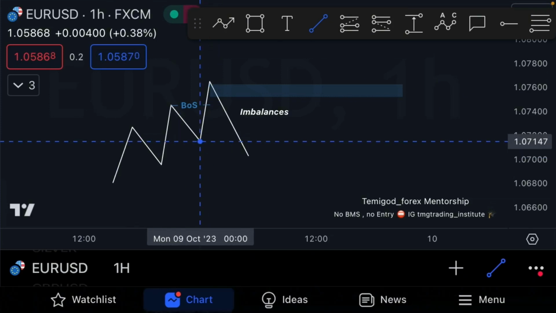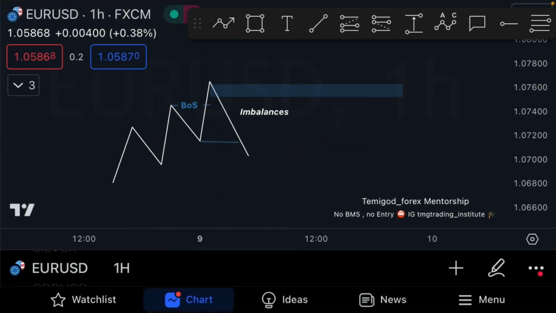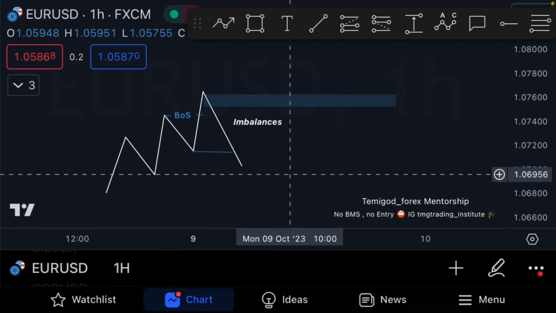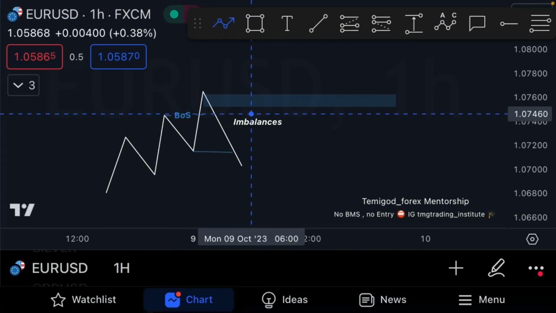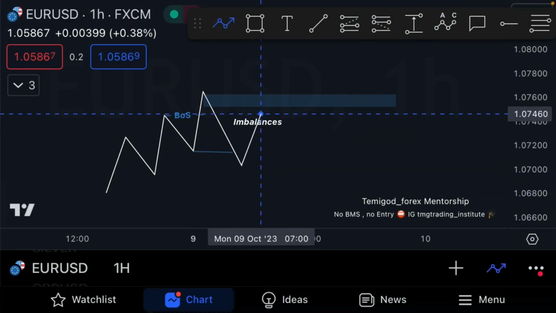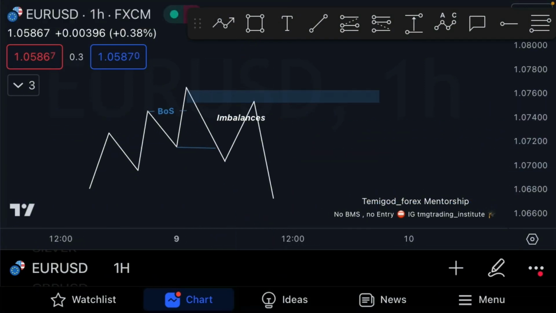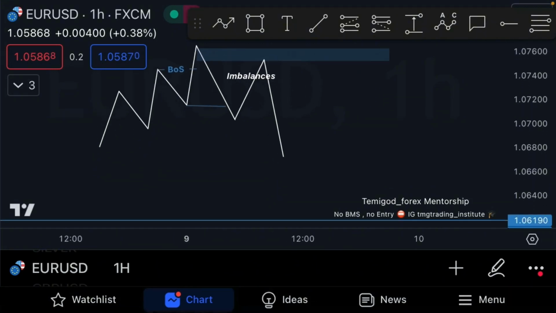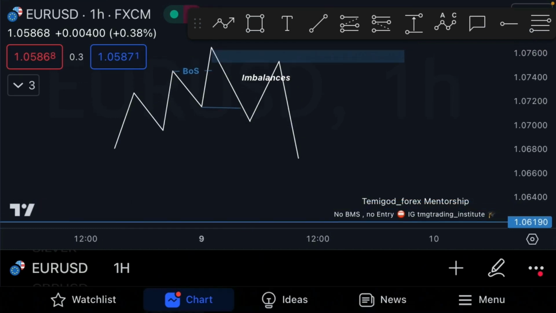So I said if we break and close below this zone, leaving an imbalance, this place is said to be a supply zone. So we expect prices to at least go back to this area and sell off in most cases, but for some reasons it might not react that way, and those reasons I would make known in this video or probably the next video.